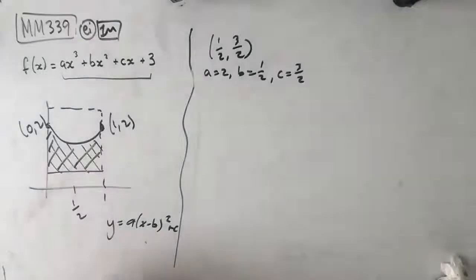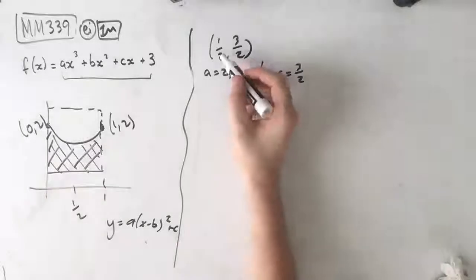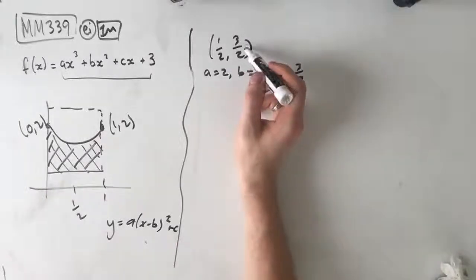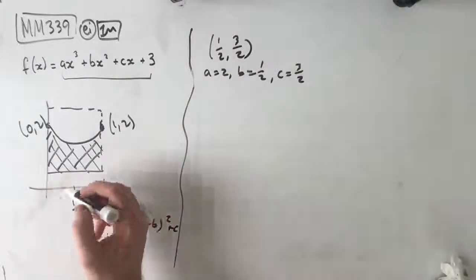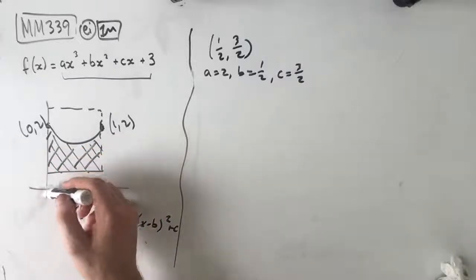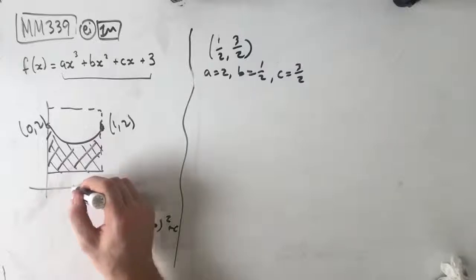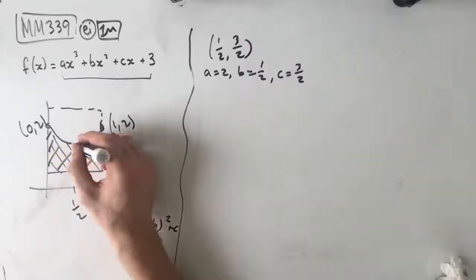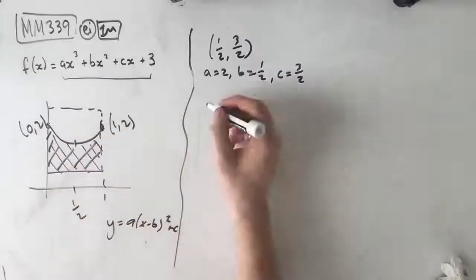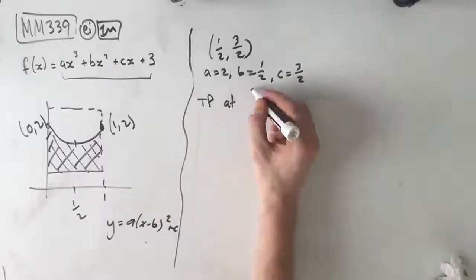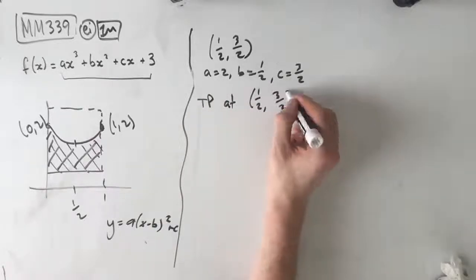First things first, recognize that if it passes through (1/2, 3/2), that means it's going to be at our turning point. Because if it is at (0, 2) and (1, 2), that means that 1/2 is halfway between these two symmetrical places, which means that's going to be our turning point. So our turning point occurs at (1/2, 3/2).